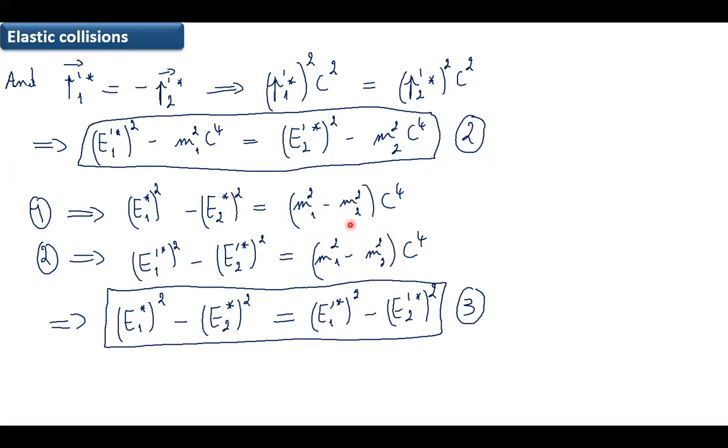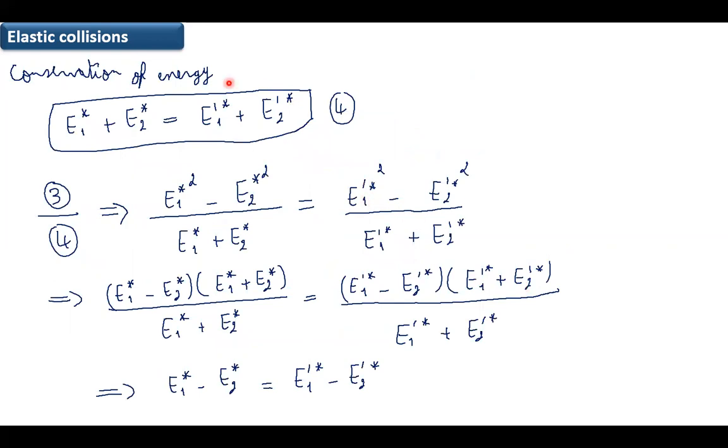So you see these two quantities are equal. So we have E1 star squared minus E2 star squared equal to E1 prime star squared minus E2 prime star squared. This equation is equation number 3.